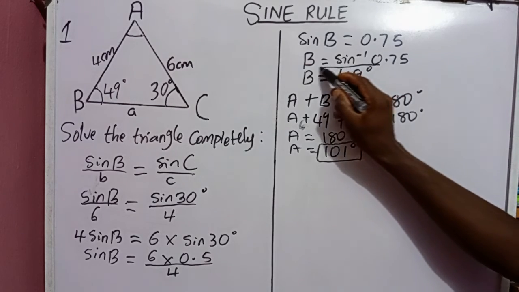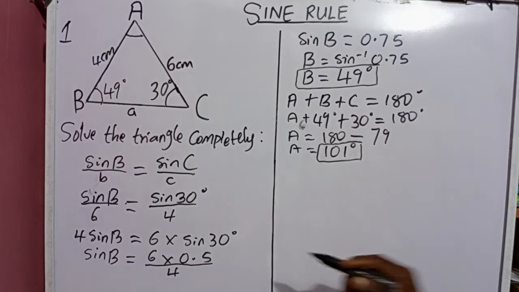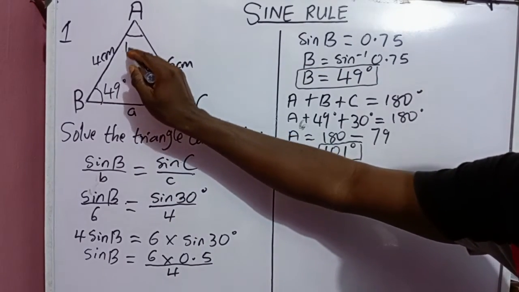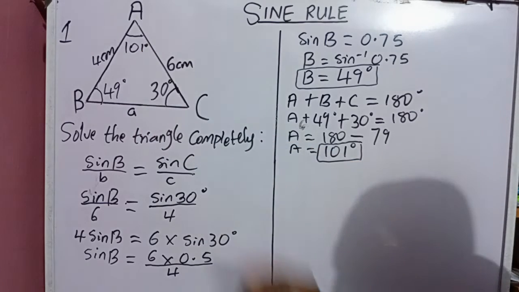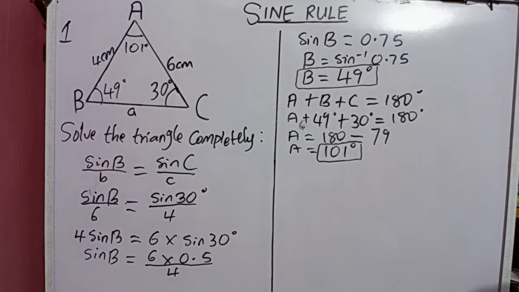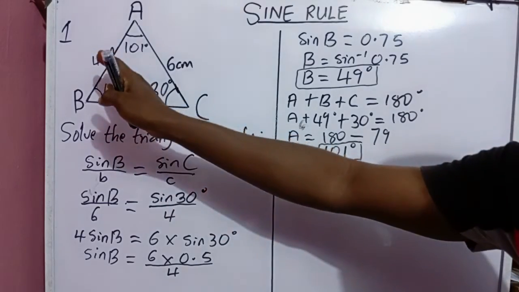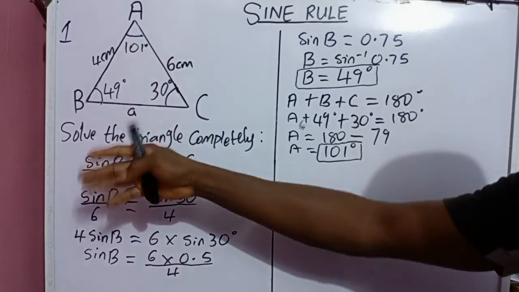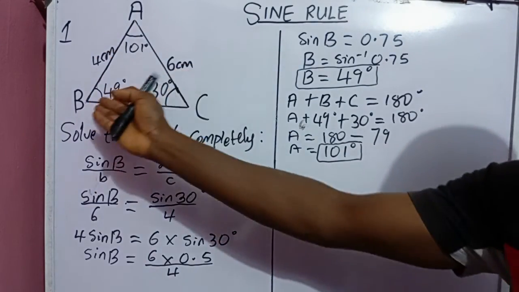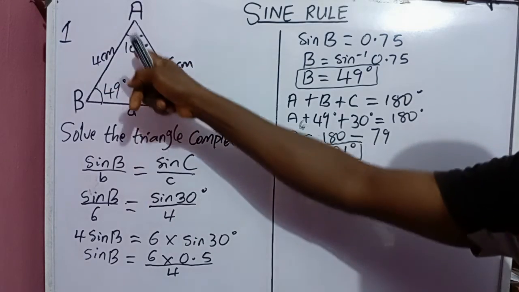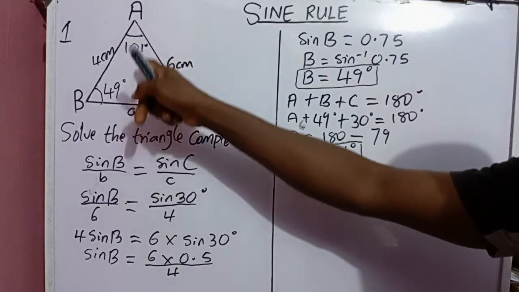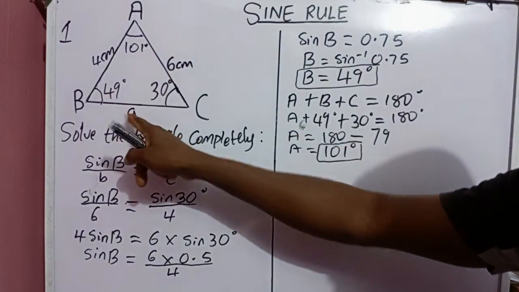This is for A. We've gotten that of B. All right, so you can see this place is 101 degrees. What is now remaining for us to find in this triangle is small letter a. To find small letter a, we can make a comparison of either C versus A, because C is given completely, or we go with B, which is also complete, versus A, which is partially given, whereby we have the angle and can find the side.